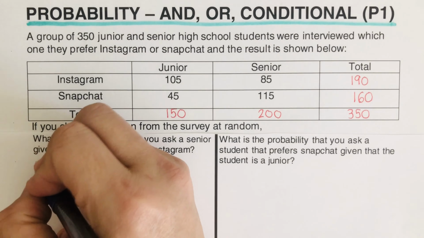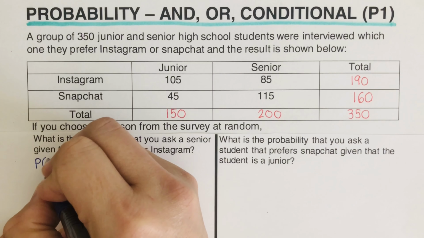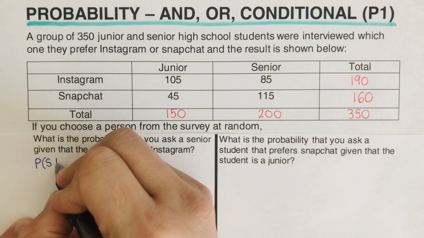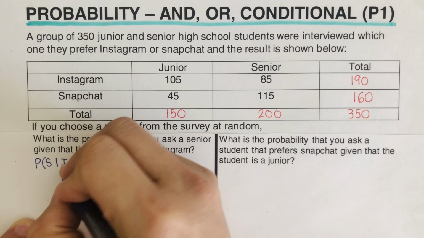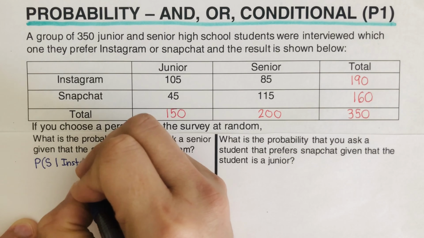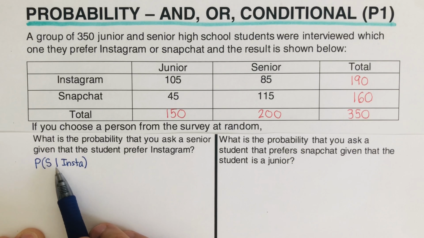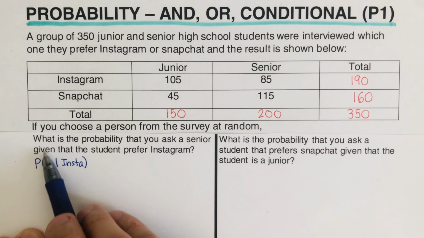The probability that it's a senior, this given that is like a vertical line, is read as given that the student prefers Instagram. Probability that you ask a senior given that he or she prefers Instagram.